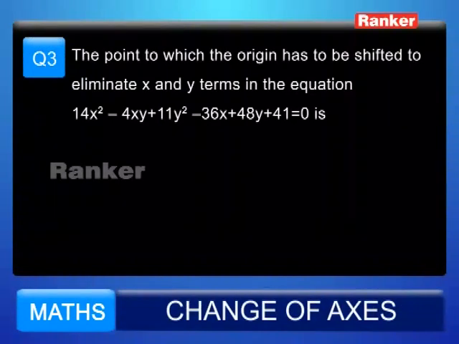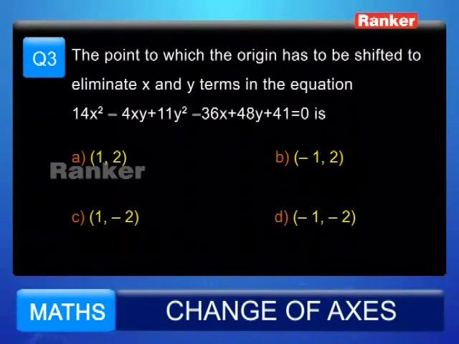Question number 3. The point to which the origin has to be shifted to eliminate x and y terms in the equation 14x squared minus 4xy plus 11y squared minus 36x plus 48y plus 41 is equal to 0 is: options 1, 2; minus 1, 2; 1, minus 2; minus 1, minus 2.